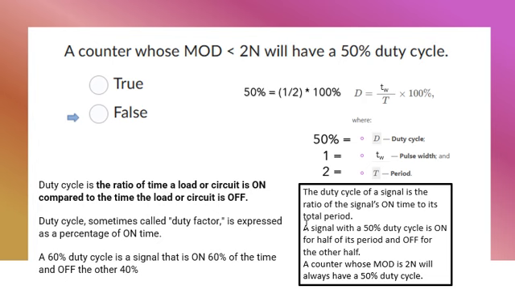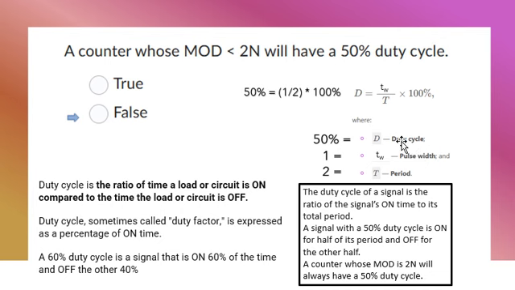because the duty cycle of a signal is the ratio of the signal's on time to its total period. Pulse width means, in common sense, the signal is on.